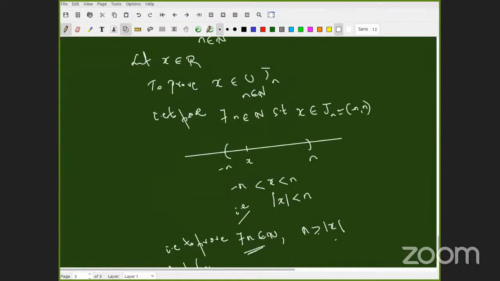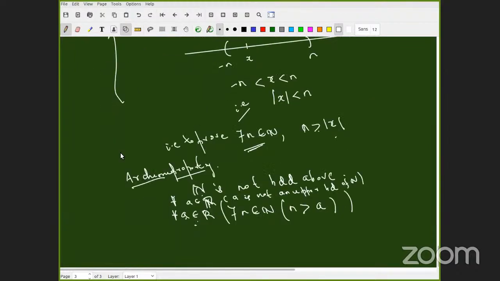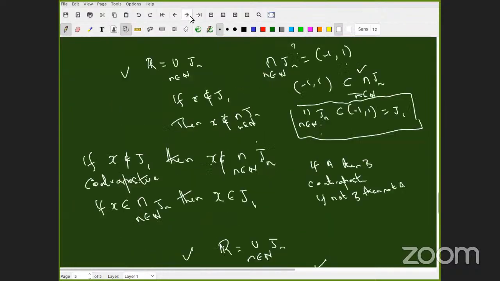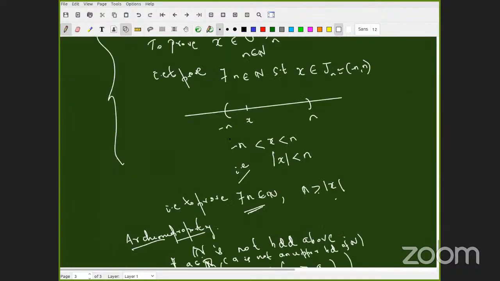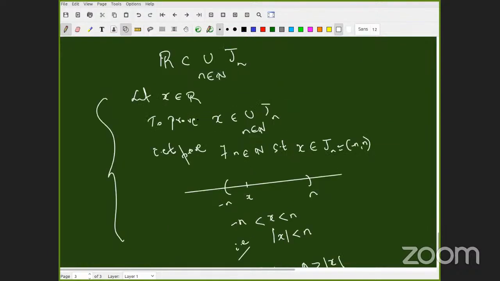I have started with X in R. But all I want is there is a natural number greater than mod X. See, this is the way we have understood the proof, by asking questions. Started with X in R. What I want is to find a natural number greater than mod X. It depends on the property of natural numbers. Therefore, we have applied natural numbers.